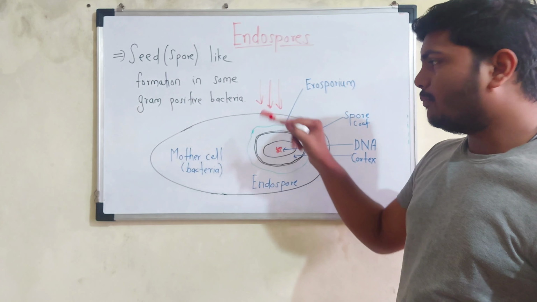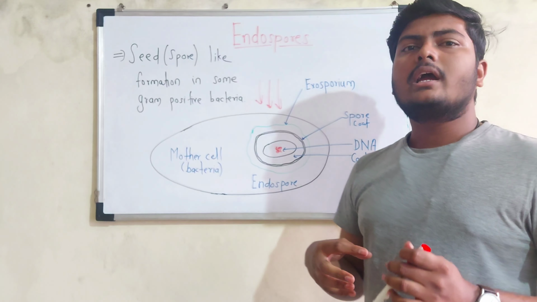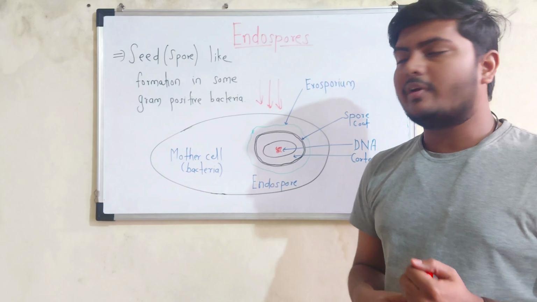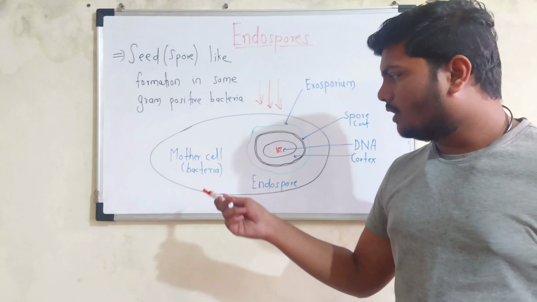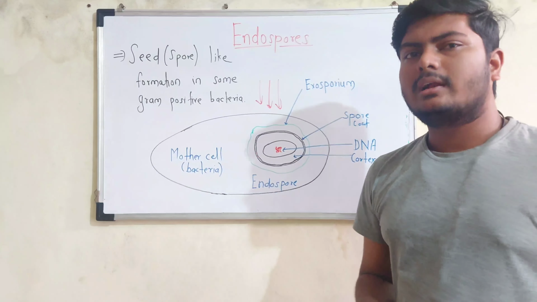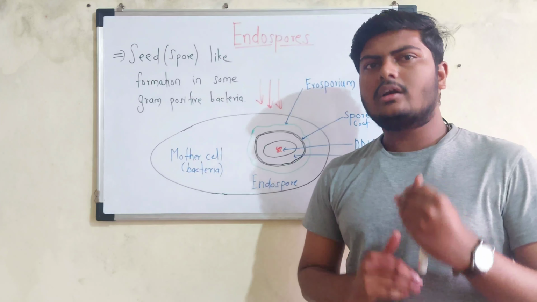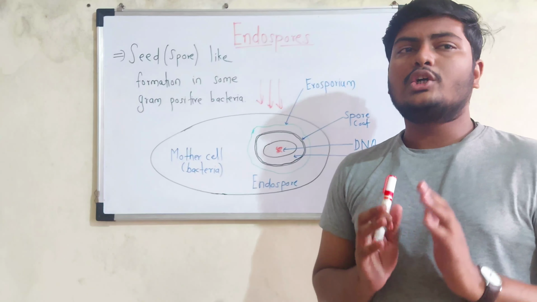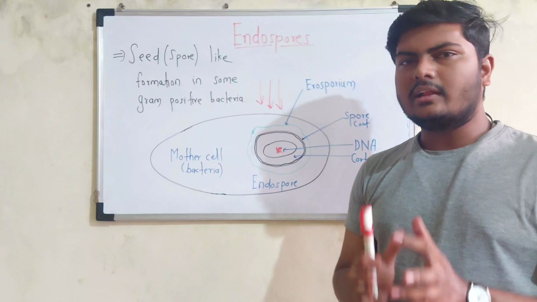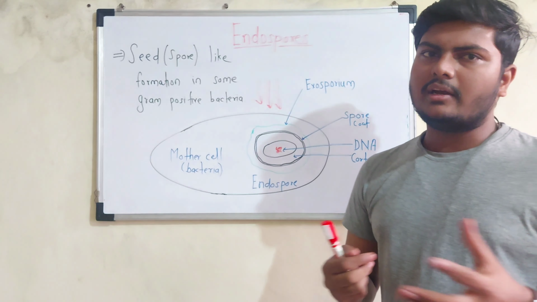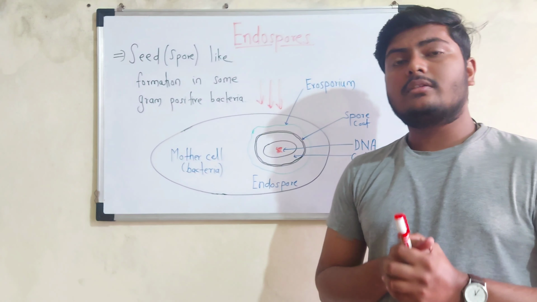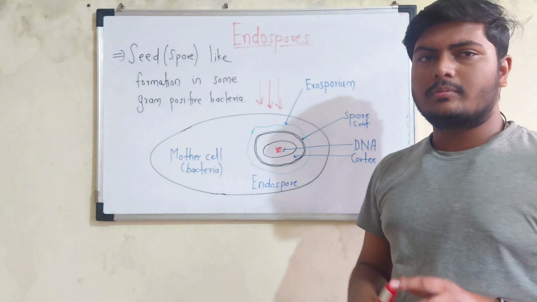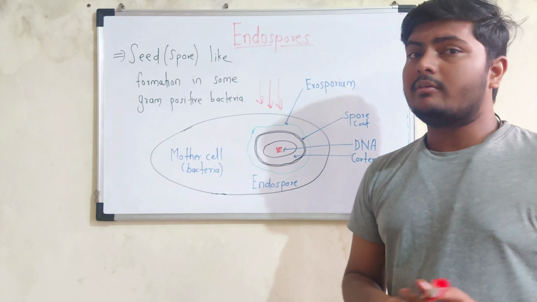We provide this cell with extreme conditions like temperature, pressure, and too few nutrients. We are creating this condition so that the bacterial cell should not survive. In this condition, many of the bacterial cells will die, but the bacterial cells capable of producing this endospore, the survival mechanism, will survive.